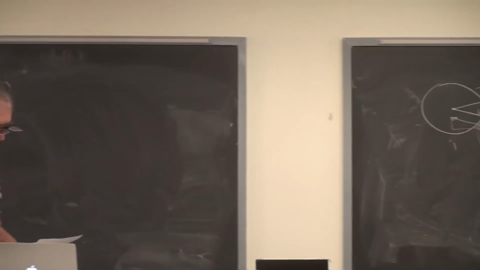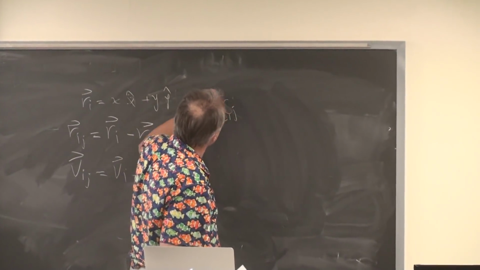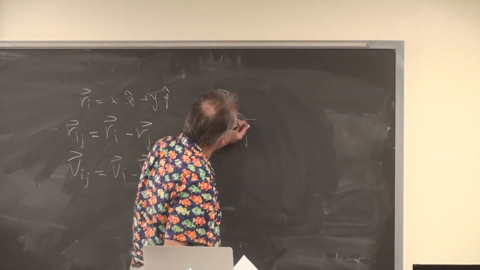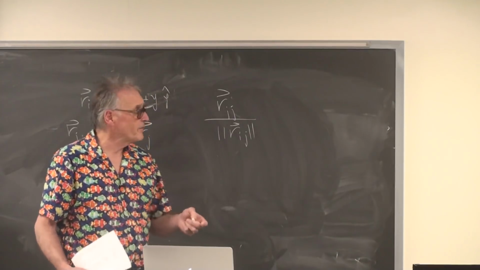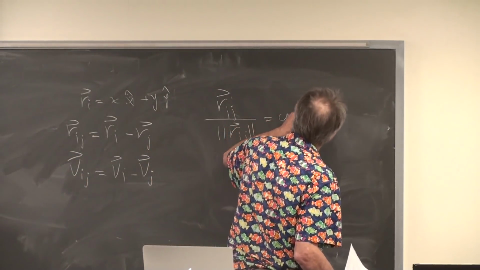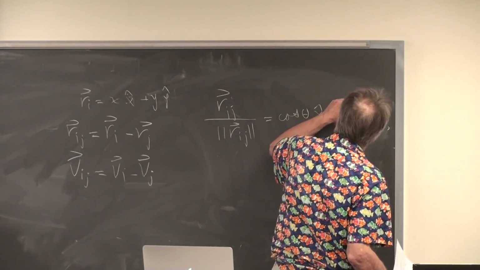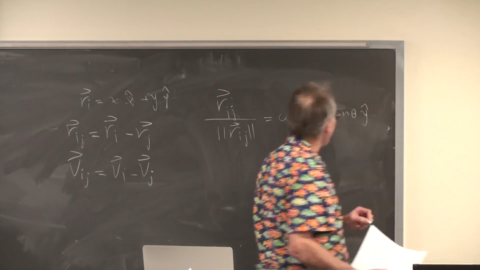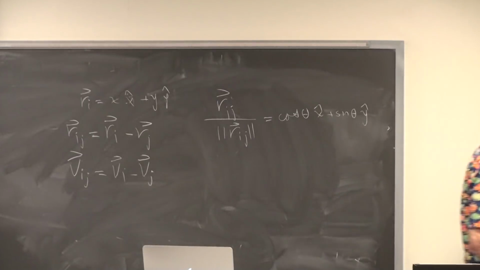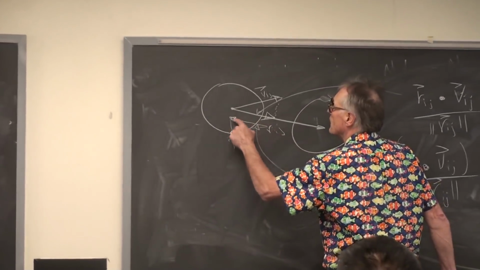To do that, we can recognize that Rij over the magnitude of Rij is really a unit vector in the direction cosine theta x hat plus sine theta y hat. In other words, it is exactly what we need to multiply by to project the new velocity vector back into xy.